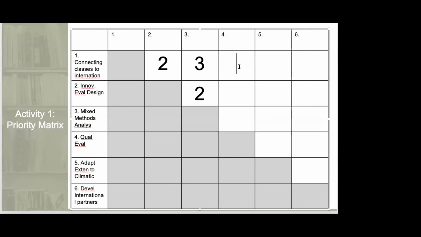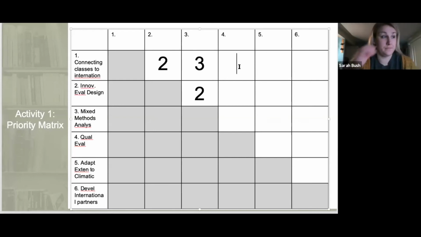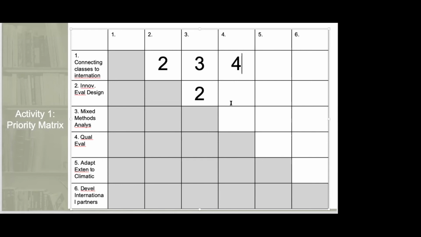Was that number 4? Number 4. Okay, great. Let's do one more just for demonstration. Now we'll be comparing number 2 to 4. Number 2 is innovative evaluation design, and number 4 is qualitative evaluation. Please raise your hand if you find innovative evaluation design to be of higher priority.